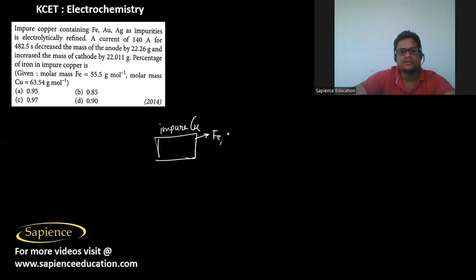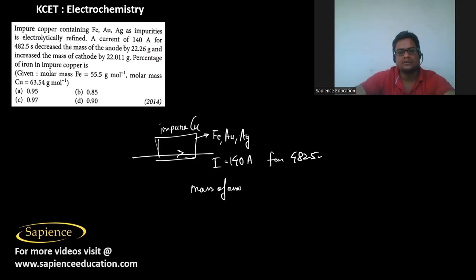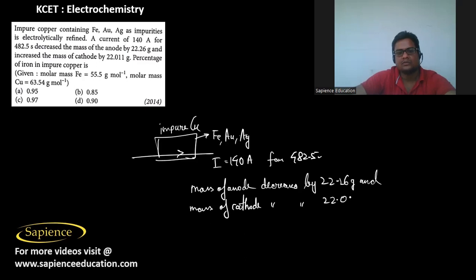It contains iron, gold, silver as the impurities, and it is electrolytically refined, and a current of 140 ampere for 482.5 seconds is passed through it, so that the mass of the anode decreases by 22.26 gram and the mass of cathode increases by 22.011 gram.